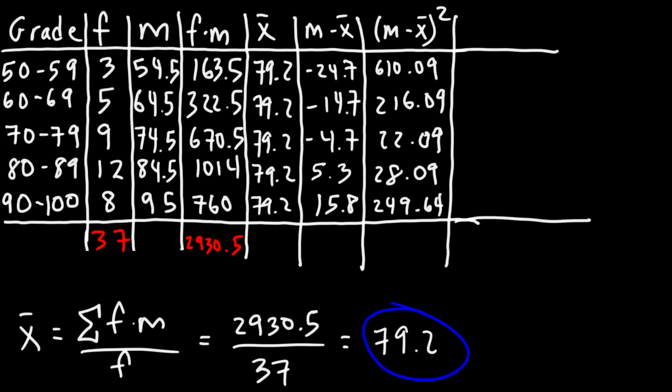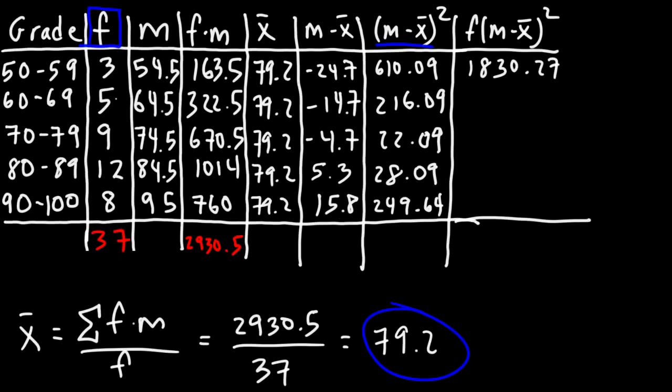Now the last thing we're going to do is we're going to multiply the frequency by the square of the deviations. So this is going to be f times m minus x bar squared. So it's going to be 3 times this number. And so that's going to be 1,830.27.